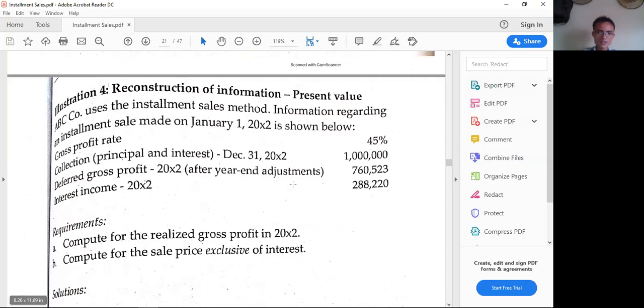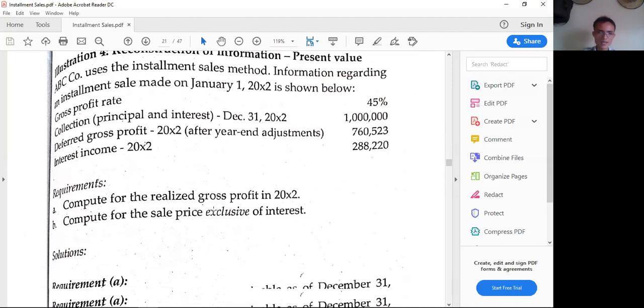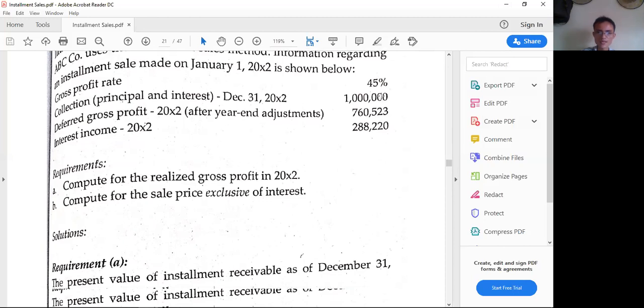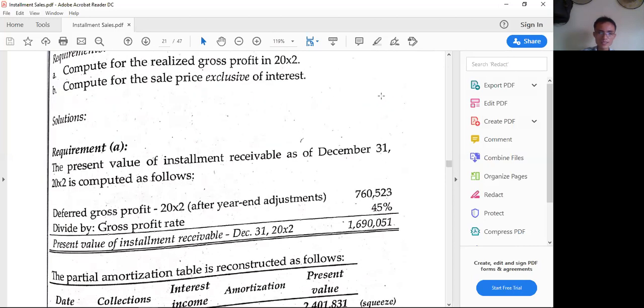Anyhow, reconstruction of information for present value. So gross profit rate, collection, and this is with principal and interest, deferred interest income. Question is, how much is the realized gross profit and the sale price exclusive of interest? If this is the deferred gross profit ending, if we divide this by 45%, that's going to be the present value, right?